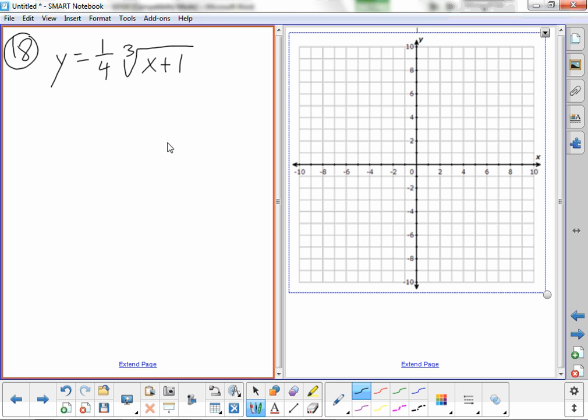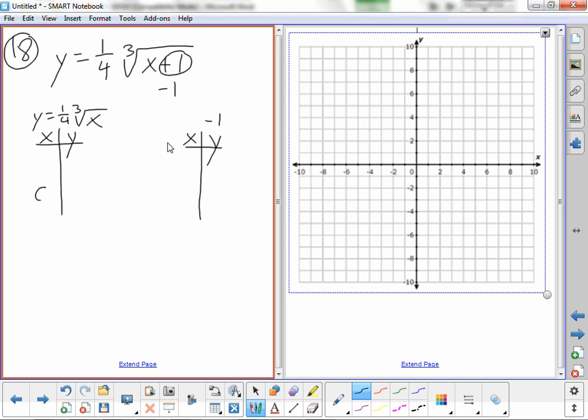So cube root, meaning that I can do positive and negatives. This shift right here, so minus a 1. So make our two tables, x, y. Second table, x, y. But I'm going to shift this one by subtracting 1 on my y's. This one will be y equals 1/4 cube root of x. So that's what I'm plugging into. I'm just plugging into it with no shifting.